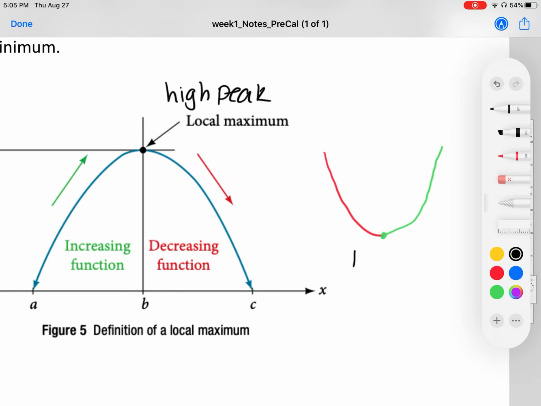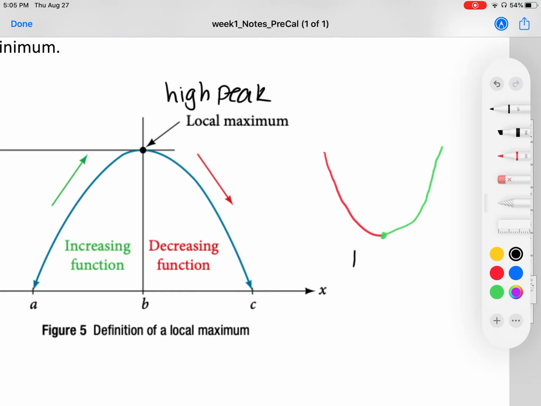And while in words it might seem so overwhelming and so confusing, if you look at your picture, it makes sense that that's a low peak, that's a high peak, that's a local minimum, it's a local maximum. We can also have a collection of highs and lows. If it's the highest of the high points or the lowest of the low points, then it has a special name: local minima and local maxima.